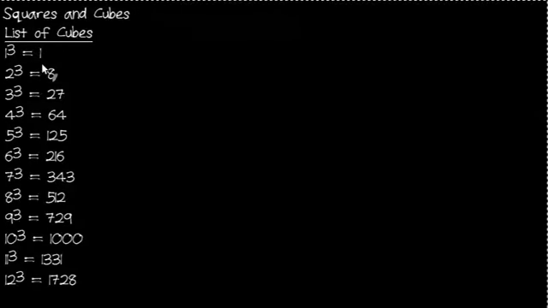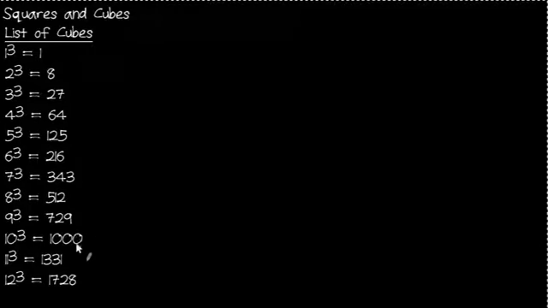So 1 cubed is 1, 2 cubed is 8, 3 cubed is 27, 4 cubed is 64, 5 cubed is 125, 6 cubed is 216, 7 cubed is 343, 8 cubed is 512, 9 cubed is 729, etc.